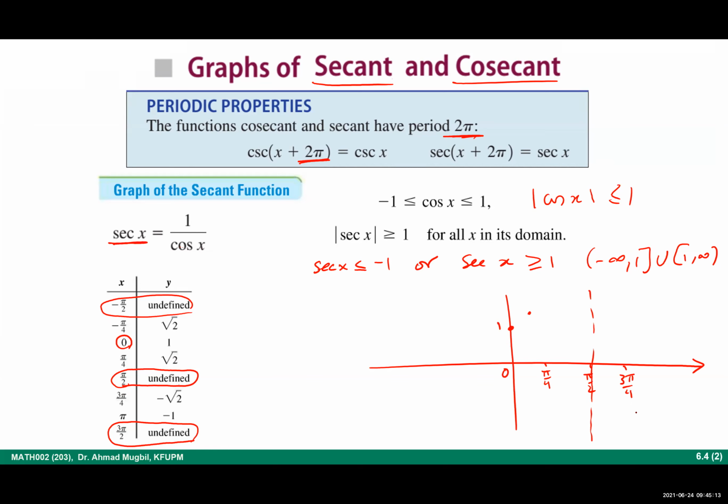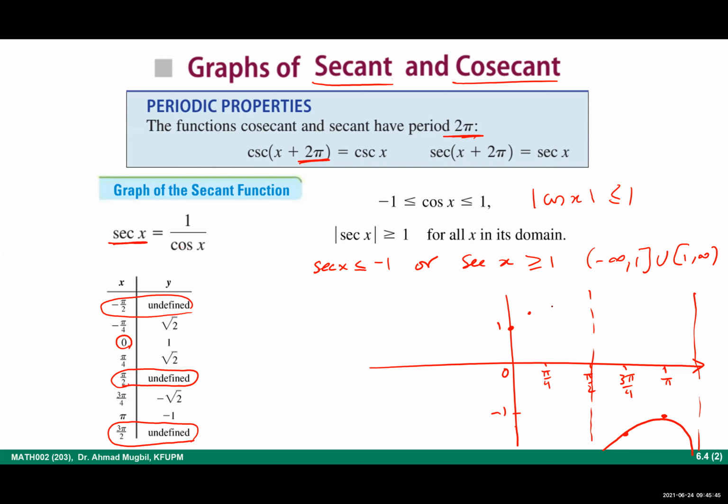So it is like here. At π, it is -1. So let's say -1 is here. And you can continue. At 3π/2 here, it is undefined. But if you want to plot these points, it is not easy, Shabab. By the way, let me tell you something. It will be something like this. But it is not easy to decide.